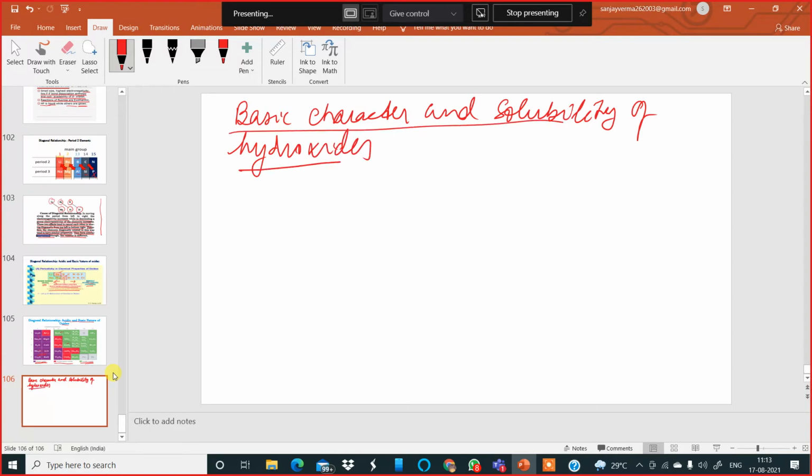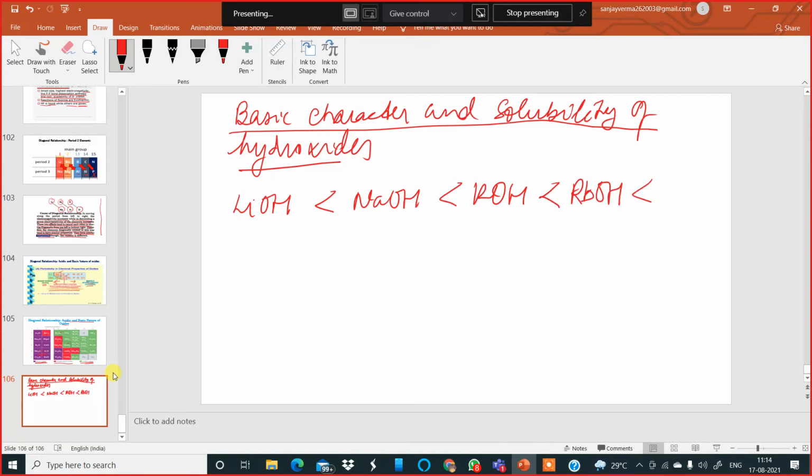I'm going to write it down and explain it. Now the order: lithium hydroxide, then sodium hydroxide, then potassium hydroxide. Remember this order. Then rubidium hydroxide, RbOH, and then we have cesium hydroxide, CsOH. If you move this way, the basic character is increasing.